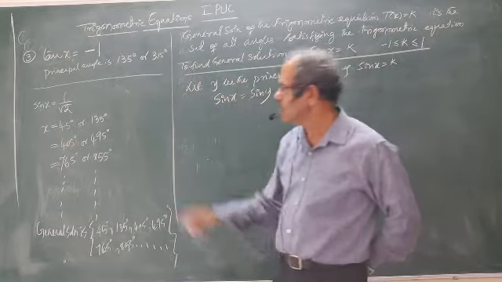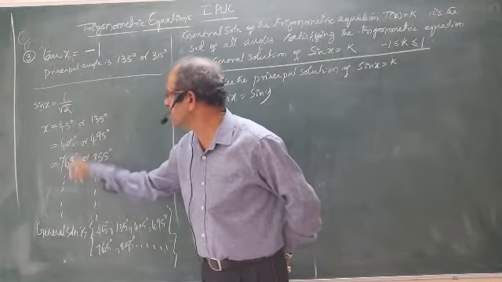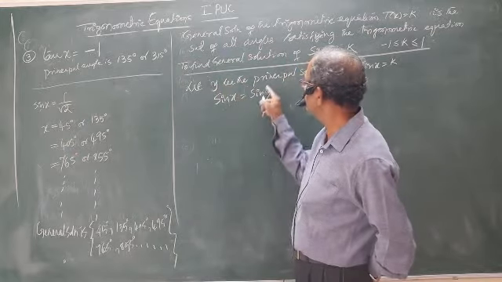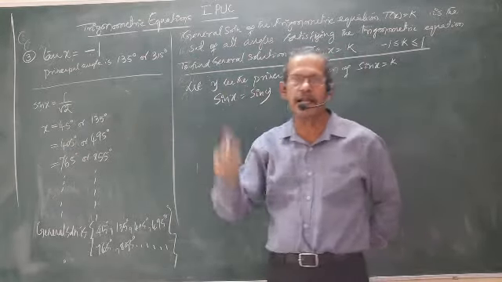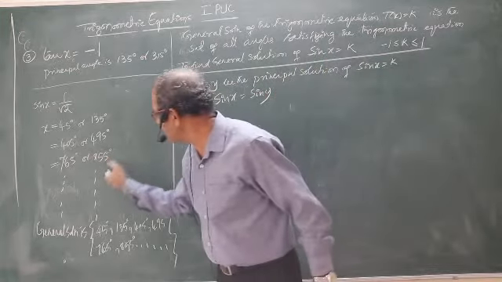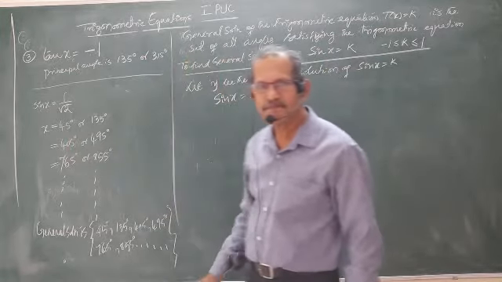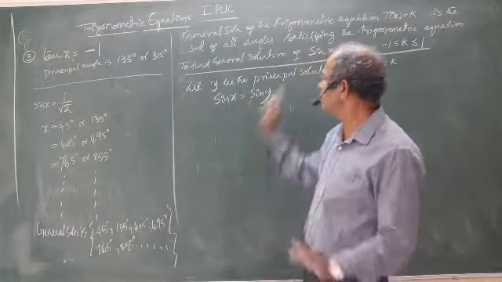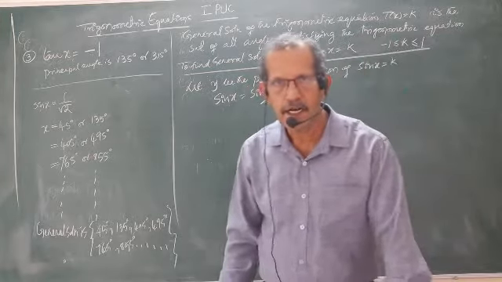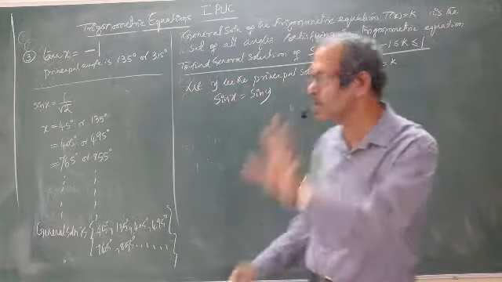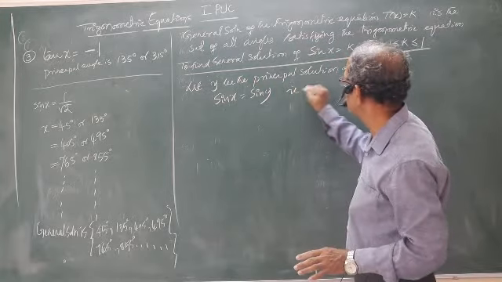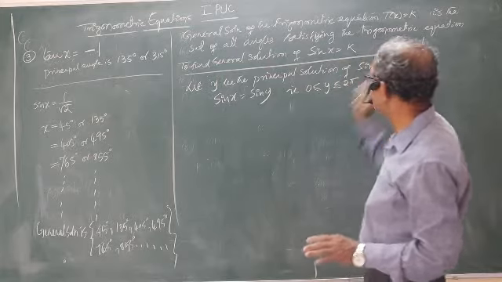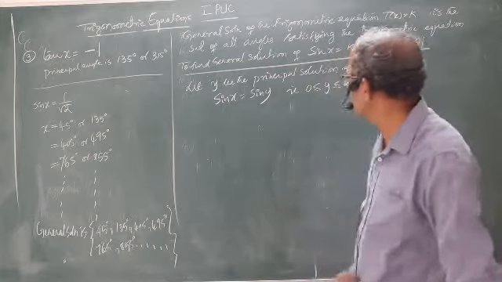Sin 765 equal to sin 45, where 45 is principal angle. Sin 855 equal to sin 45, or sin 135, because 135 is principal angle. Totally y is the principal angle, that's all. Principal angle means in between 0 and 2 pi. Remember, that is 0 less or equal to y less or equal to 2 pi. Right? That is called a principal angle.